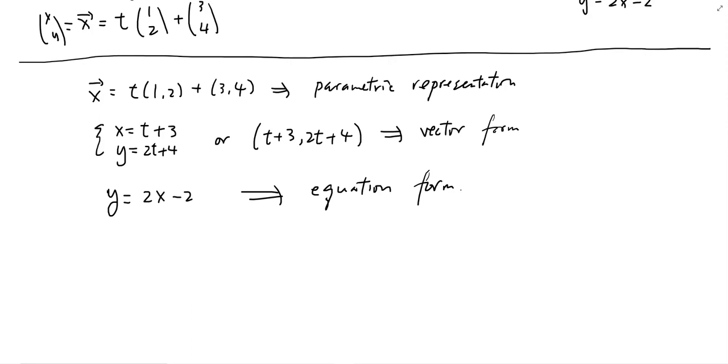In vector form, you have two equations to define x and y, and then you can simply plug in different values of t to generate a table for your line. And in the equation form, you're just describing a line through the slope and the y-intercept.